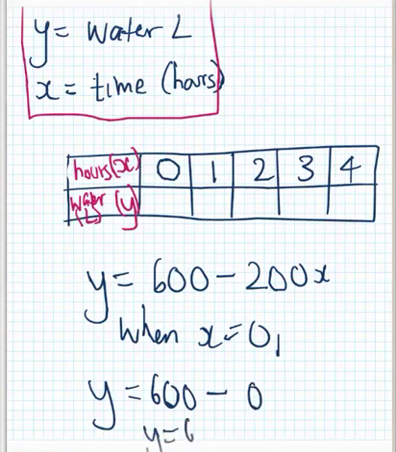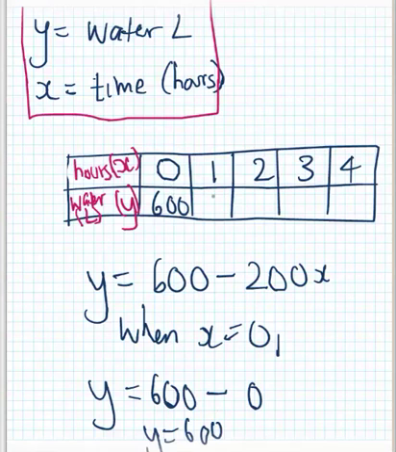So y will equal 600. So when x is 0, y is 600. And that makes perfect sense because we know the starting amount, when no time has passed, hours are 0, the amount of water in the tank, it's still full, so it's 600.